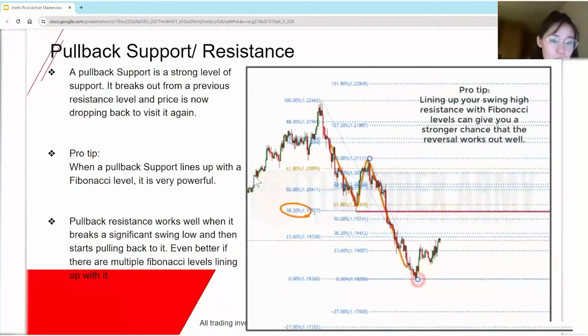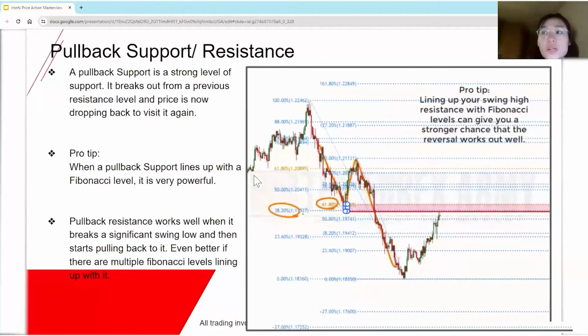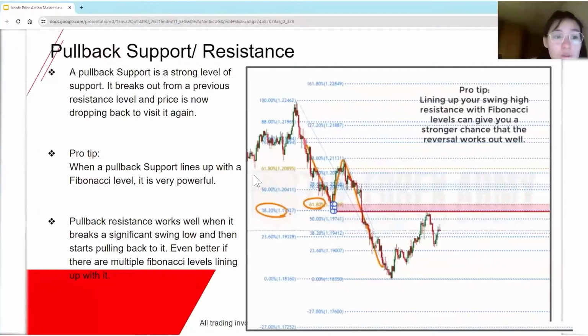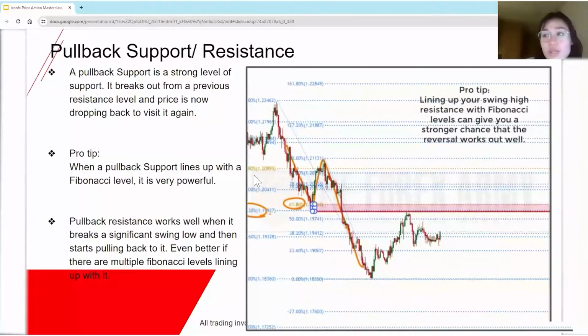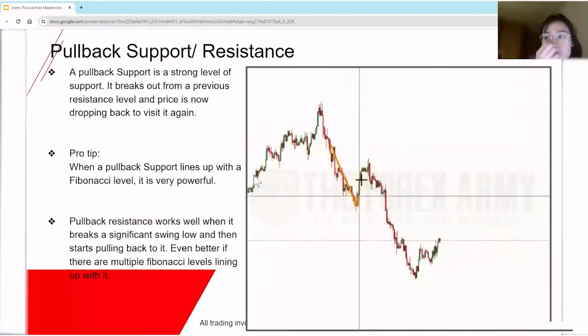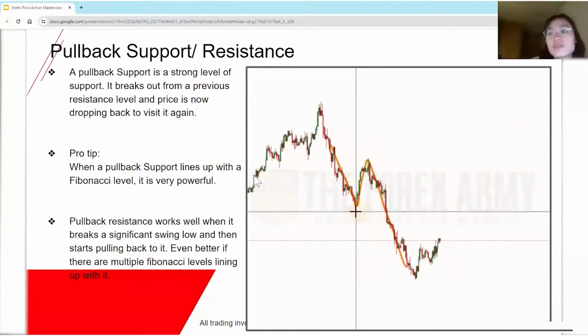When a pullback support level lines up with a Fibonacci level, it's very powerful. These levels are also made powerful when you are able to spot a candlestick pattern as well. This works well when it breaks a significant swing low and then starts pulling back to it. It's even better if there are multiple Fibonacci levels that line up with it.